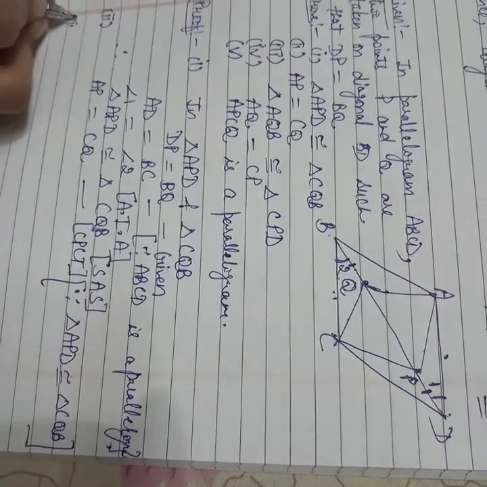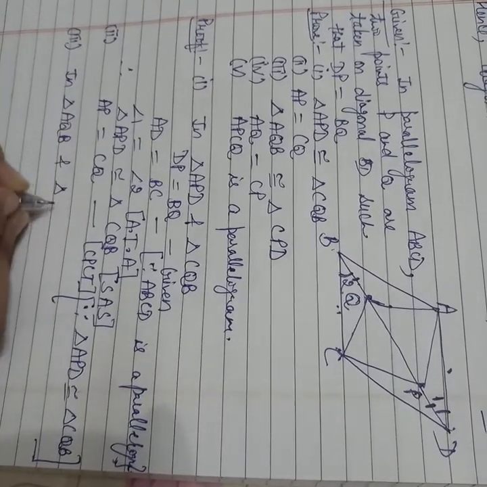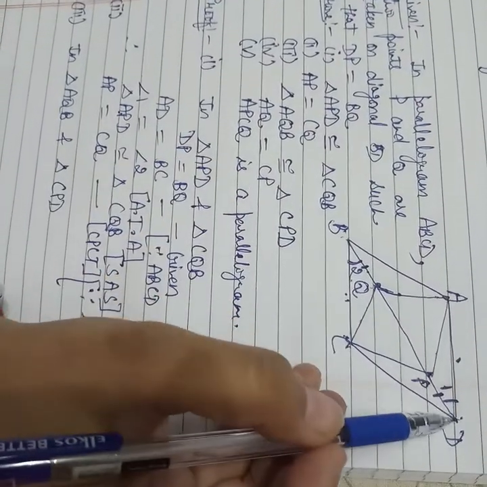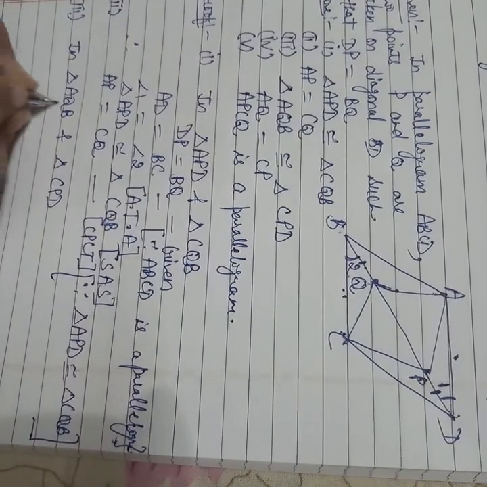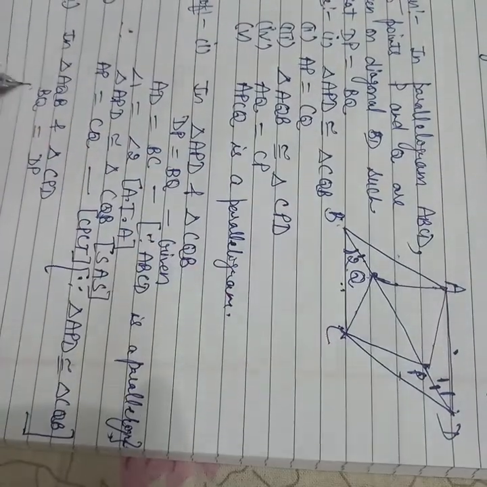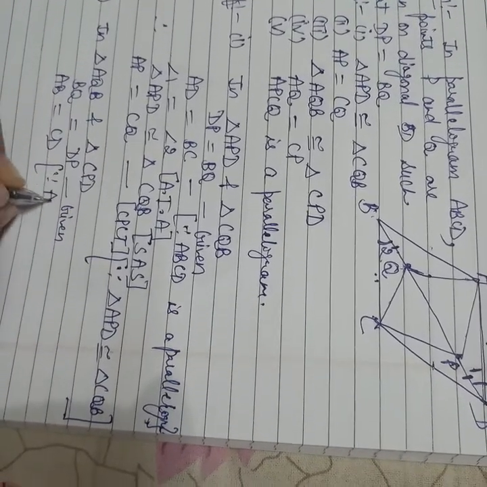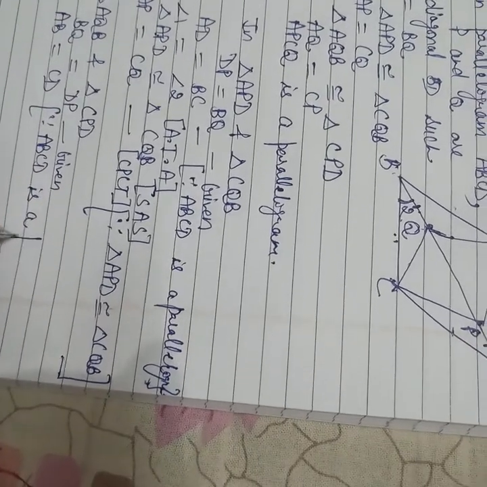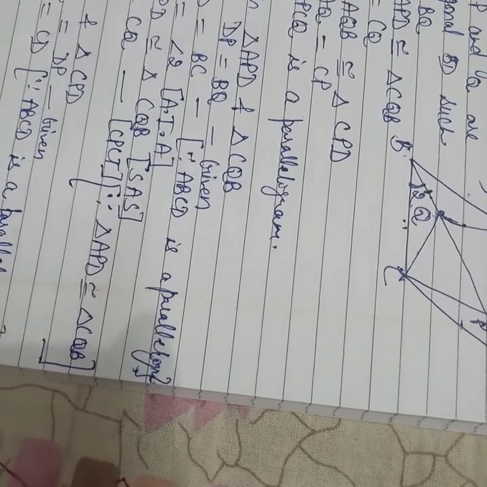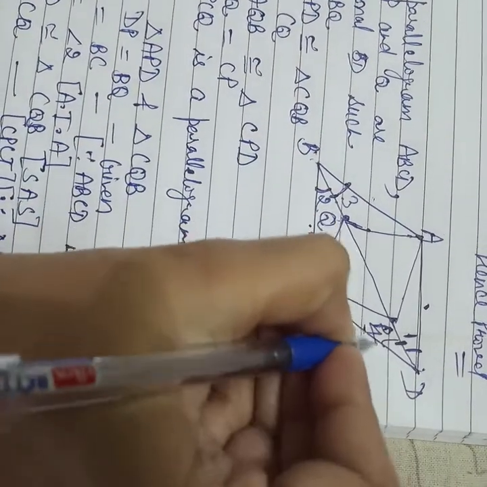Now in third part, in triangle AQB and triangle CPD, again BQ equals DP, AB equals CD, this is given, AB equals CD because ABCD is a parallelogram, and this is angle 3, this is angle 4.